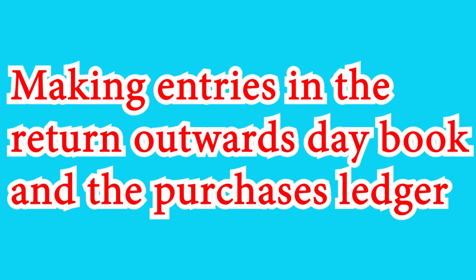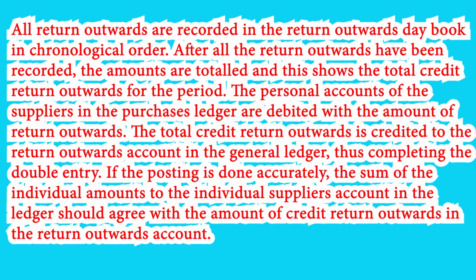Let us now look at making entries in the returns outwards daybook and the purchases ledger. All returns outwards are recorded in the returns outwards daybook in order of dates. After all the returns outwards have been recorded, the amounts are totaled, and this shows the total credit returns outwards for the period. The personal accounts of the suppliers in the purchases ledger are debited with the amount of returns outwards.